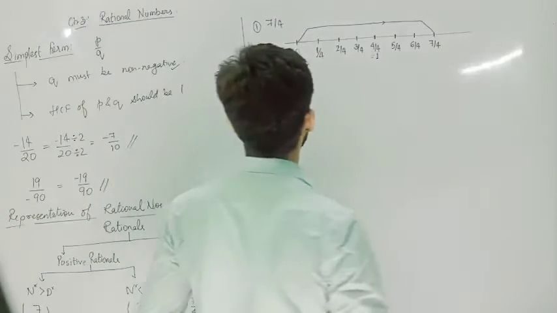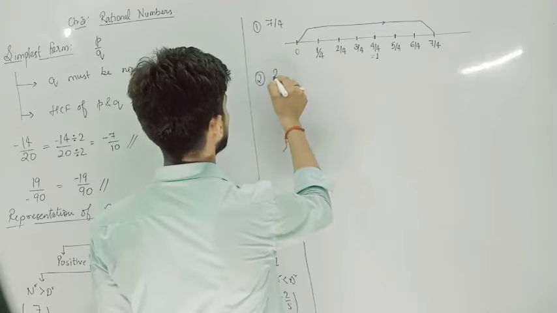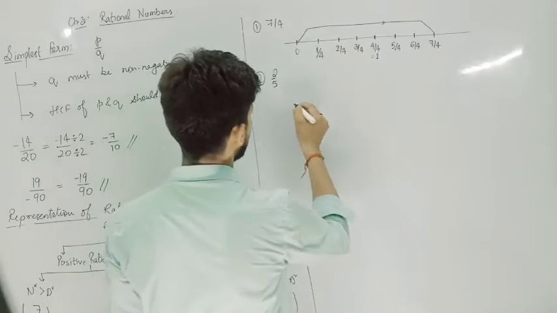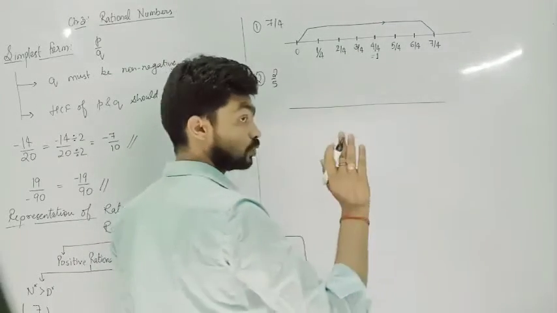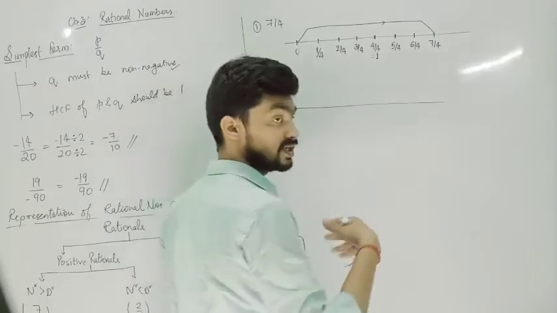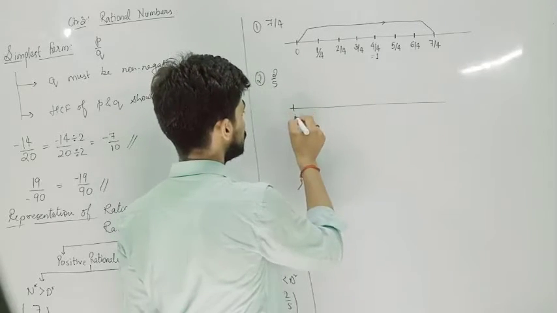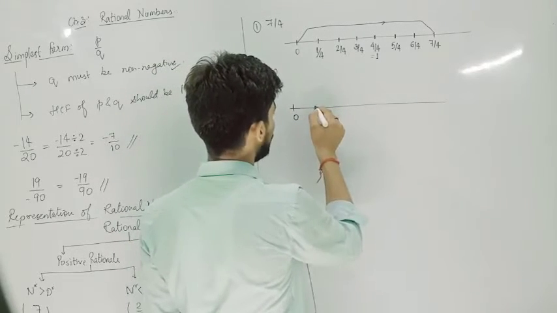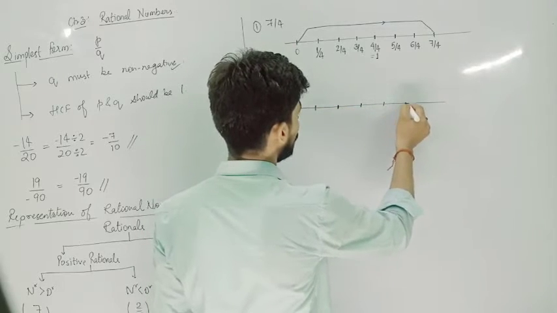Next, second is 2 by 5. Again, draw a straight line. Use a ruler so that you make a straight line. What is the denominator here? 5. Whatever it is, that many points you have to draw. Here also 0, except 0, 5 equal points. 1, 2, 3, 4 and 5.